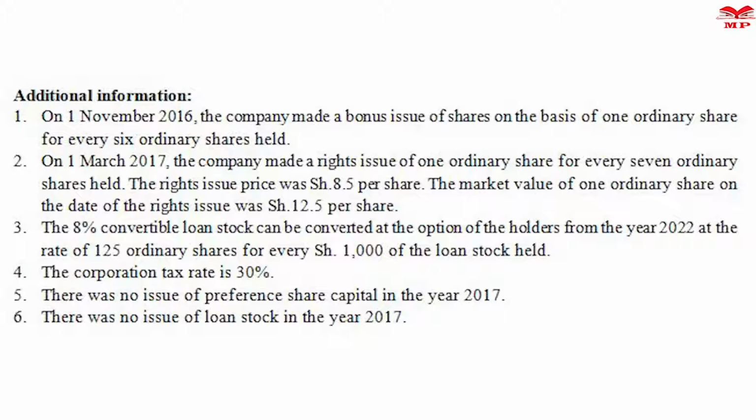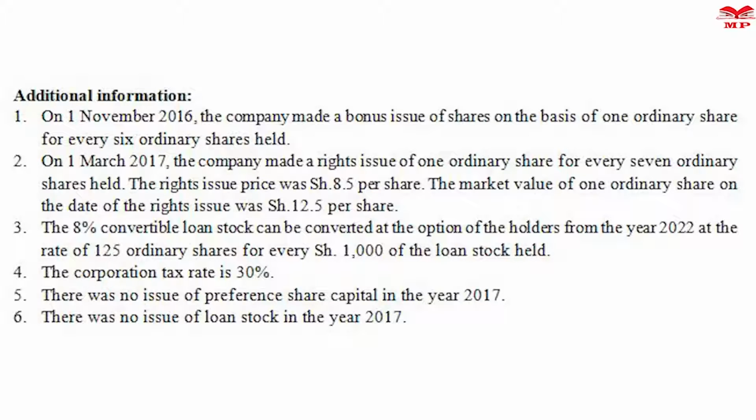Because in note number 1, on 1st November 2016, the company made a bonus, and our year begins on 1st May 2016 and ends on 30th April 2017. So that's a new year. The previous year must have started on 1st May 2015 and ended on 30th April 2016.